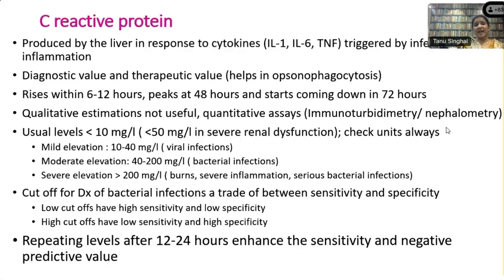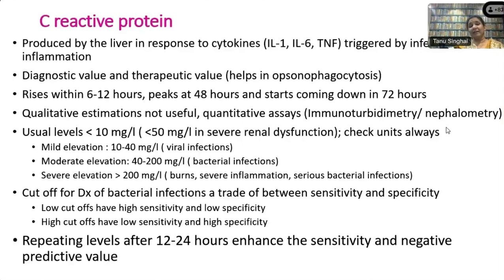A CRP elevation of up to 40 is very non-specific and can be seen in viral infections. But if you actually have high CRP, then the higher the CRP goes, the more likely it is that you're dealing with a bacterial infection or an inflammatory process. But again, I want to remind you that certain viral infections like adenovirus, even COVID, were associated with high CRP.